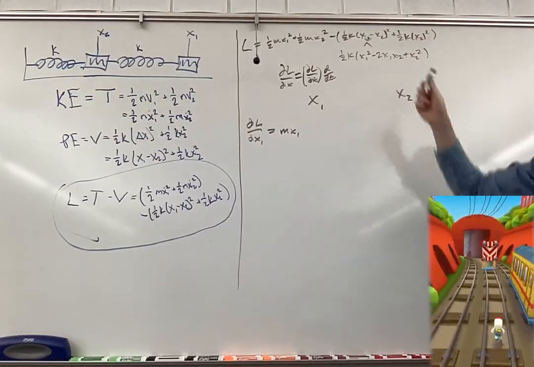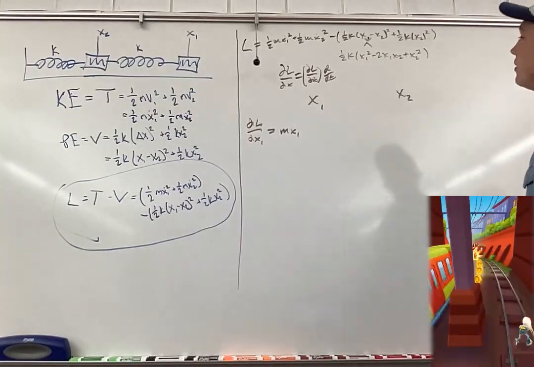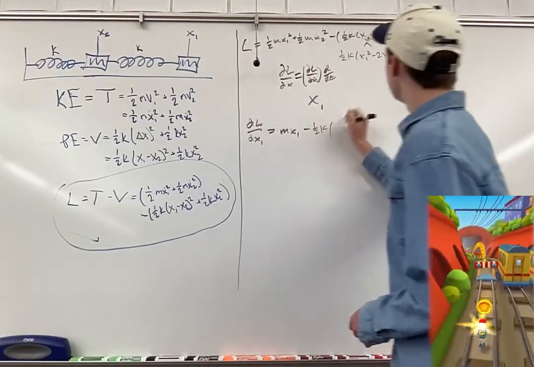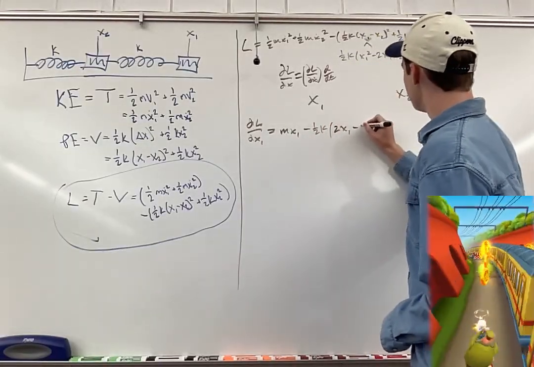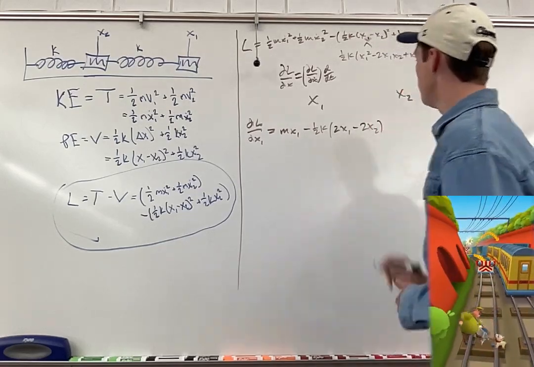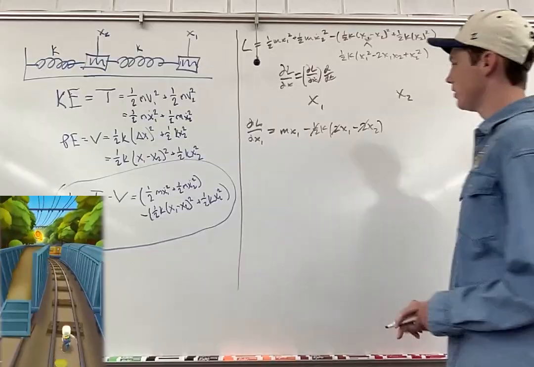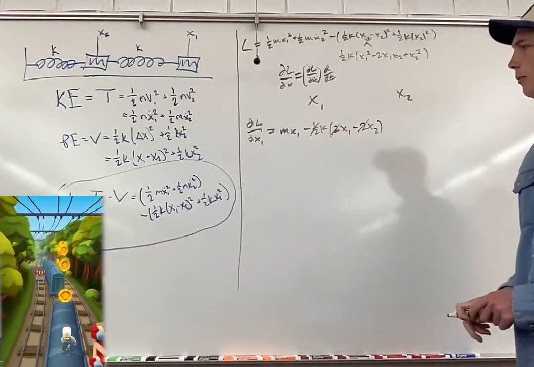So that's our x1 term expanded out. And so the derivative of this is going to be minus 1/2 k times 2x1 minus 2x2. We can simplify this a little bit by canceling out our 1/2 with our 2's. So that's our partial with respect to x1.